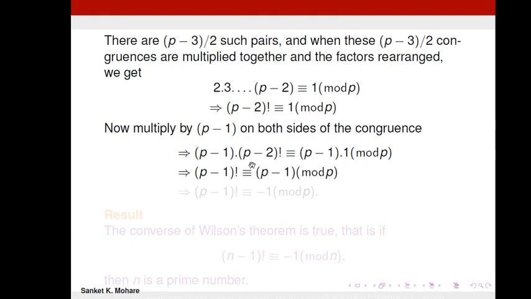So p minus 2 factorial into p minus 1 is nothing but p minus 1 factorial, congruent to p minus 1 modulo p. But as earlier, p minus 1 is congruent to minus 1 modulo p. This implies p minus 1 factorial is congruent to minus 1 modulo p, which proves the theorem. So this is the proof of the theorem.